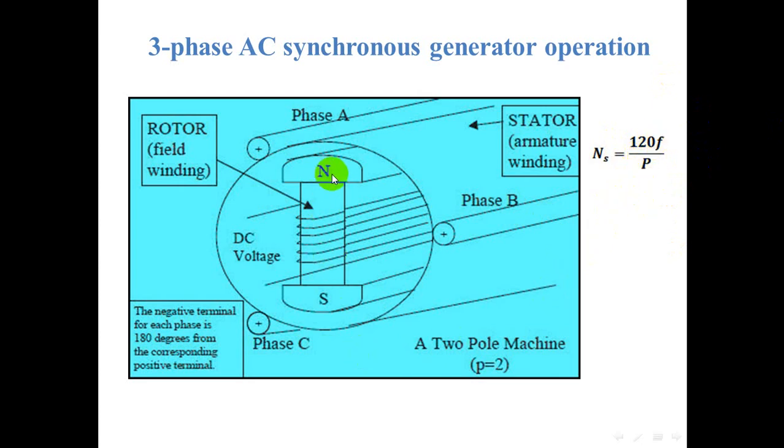In this case we have 2 poles, but in three phases we have 3 pairs of poles, north and south. For a 2-pole machine, P equals 2.